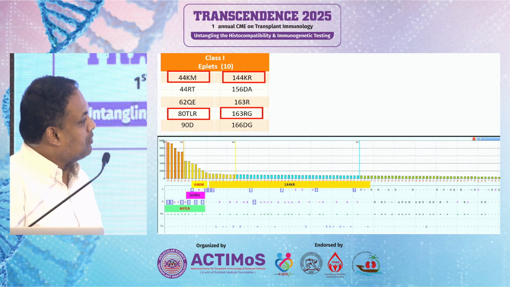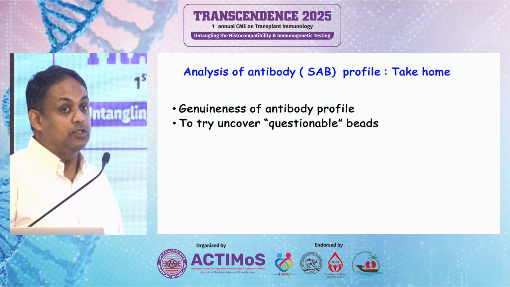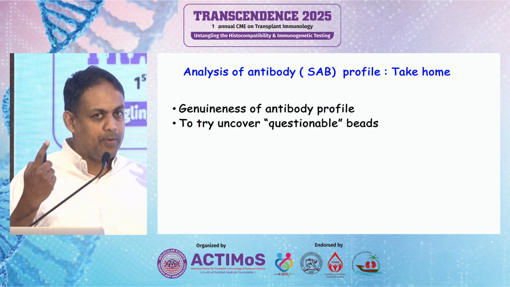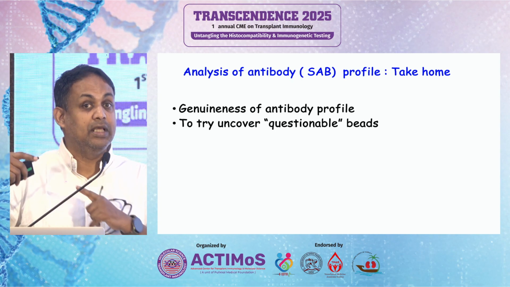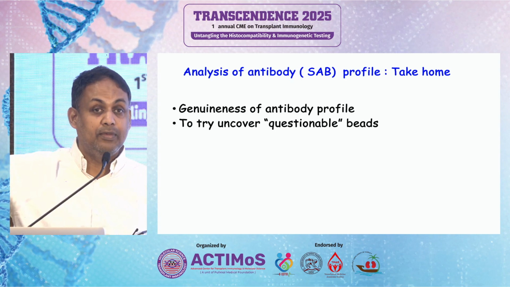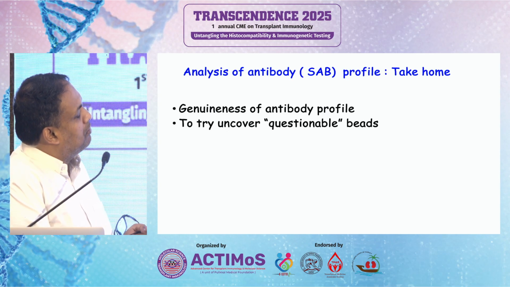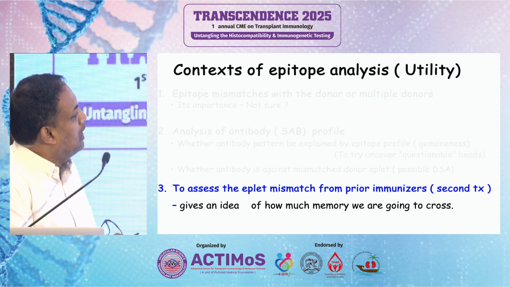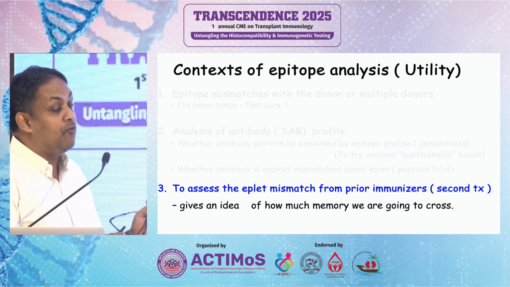So to give life to your antibody profile, you have to know your sensitizing event. That's the trouble that we have. Many times we don't have the details of the prior transplant, the husband's HLA typing, or blood transfusion. That's a big challenge.